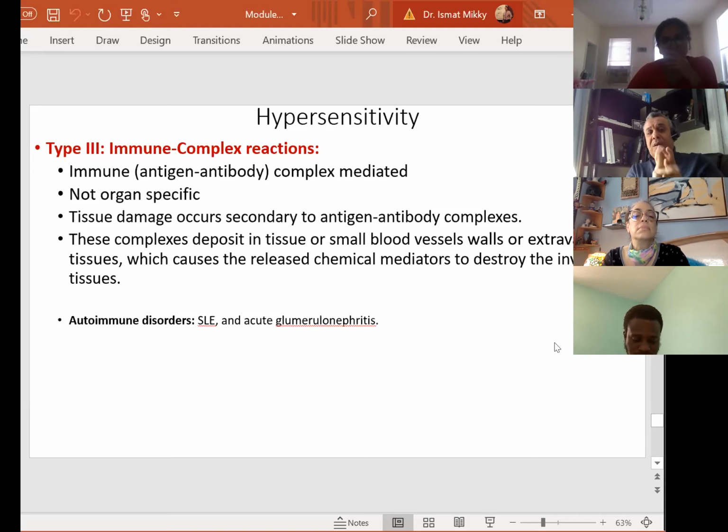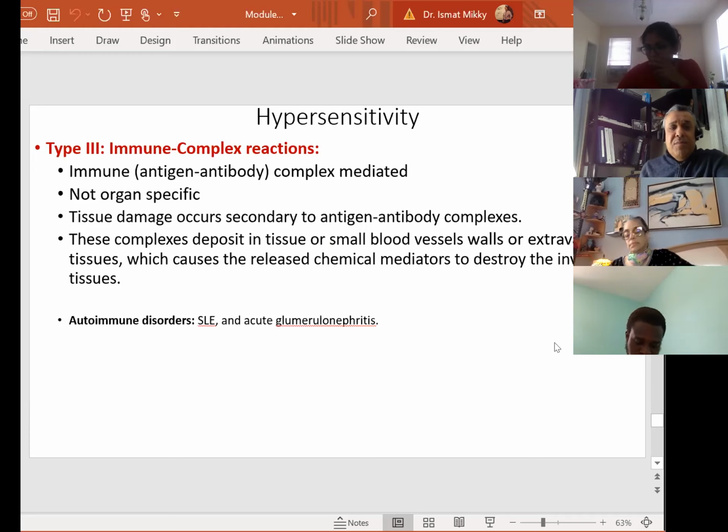And glomerulonephritis, also another form, because the glomerulonephritis, we'll cover this under the renal system, in which an antigen antibody complex is going to attack the basement membrane and the nephrons and destroy the kidneys, as an autoimmune disease called glomerulonephritis. We call it AGN, acute glomerulonephritis, AGN.